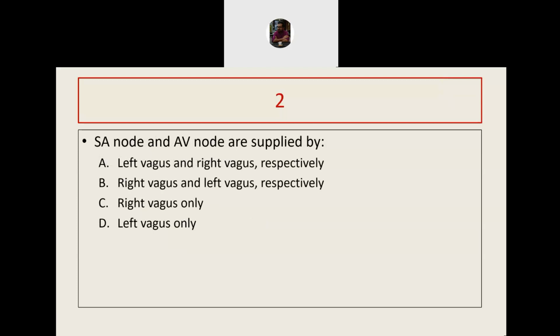SA node and AV node are supplied by: now, read the question carefully because the order matters. A, left vagus and right vagus respectively. B, right vagus and left vagus respectively. C, right vagus only.